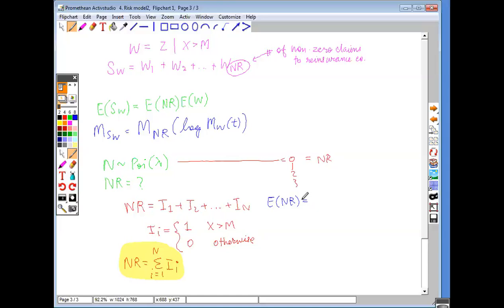Now if I have to figure out my expectation of NR, how can I write it? Anyone? How should I write my expectation of NR, given that NR is a sum of these IIs?